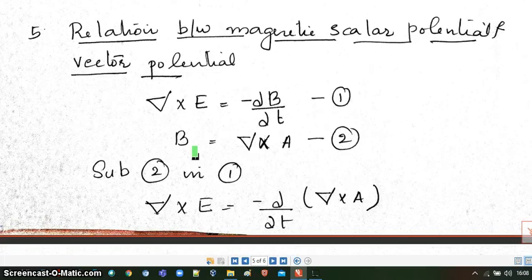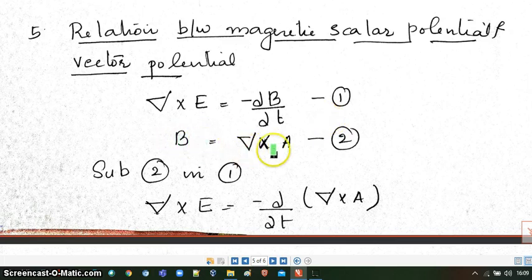Next we will see the relation between magnetic scalar potential and vector potential. Now this is a relation connecting E and B, where E is the electric field intensity and B is the magnetic flux density. Del cross E is equal to minus dou B by dou t. This relation is very important.